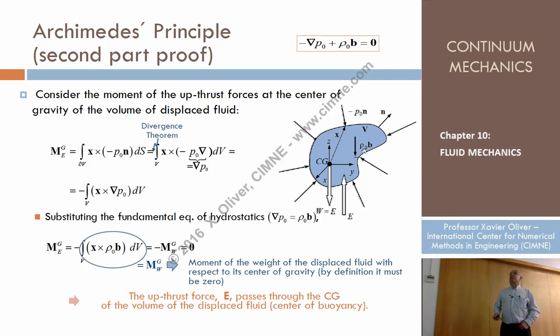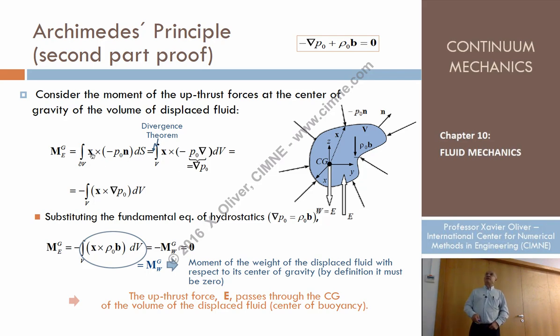Since the moment of these forces is the same in both problems, now let's consider that this is the displaced volume of fluid. Since the forces at the boundary are the same, this doesn't change the problem. So this is the displaced volume of fluid with the forces exerted at its boundary and with the origin of coordinates placed at the buoyancy center, the center of gravity of this displaced fluid.